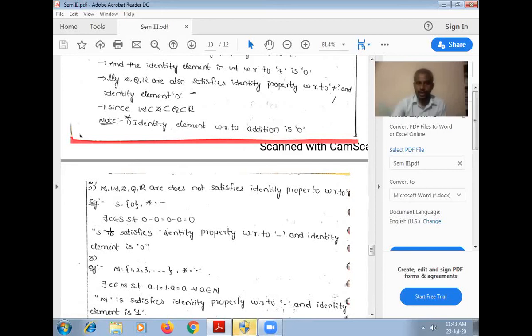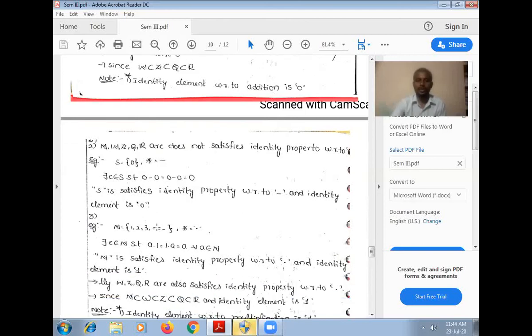So there exists E belongs to S such that 0 minus 0 equal to 0 minus 0 equal to how much? 0. So the single set {0} satisfies the identity property with respect to minus. So here 0 is the identity element.